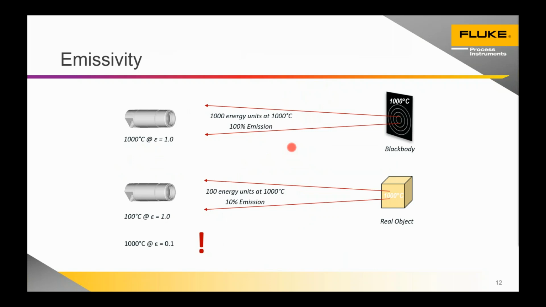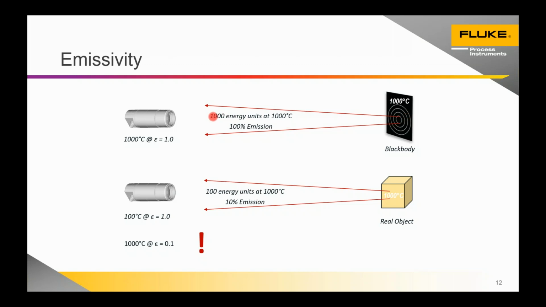Emissivity. Now that's our most common compensation factor. In the top example, we've got our black body. Inside the sensor, we would set an emissivity of 1. The black body is at 1,000 degrees.